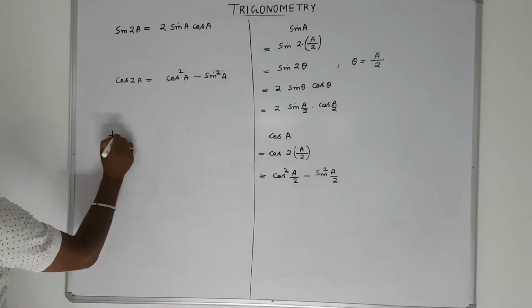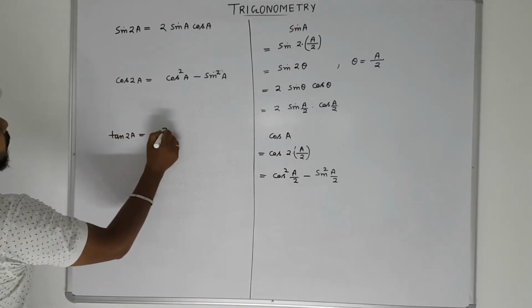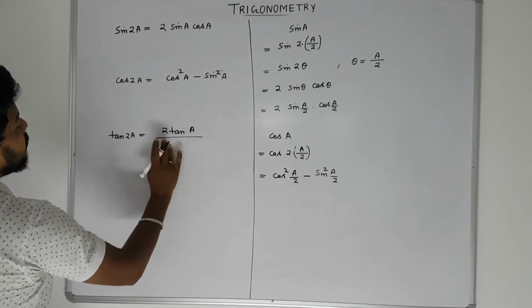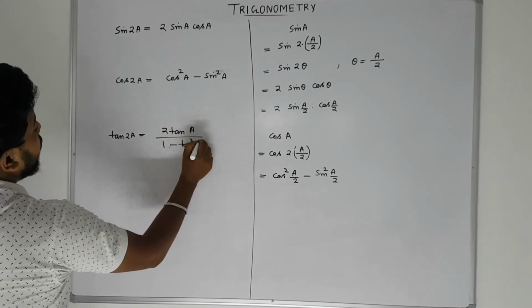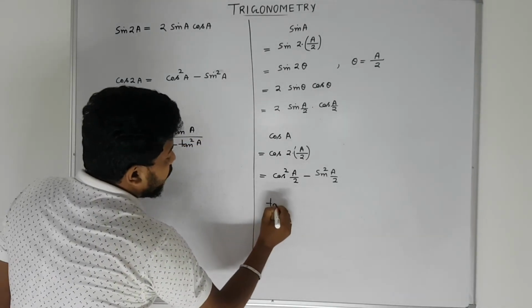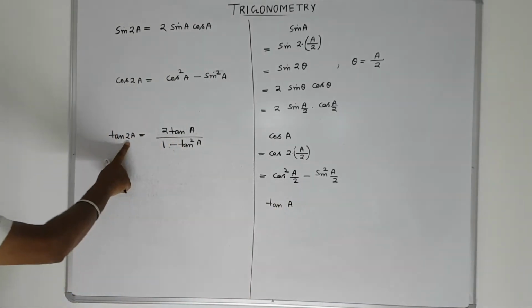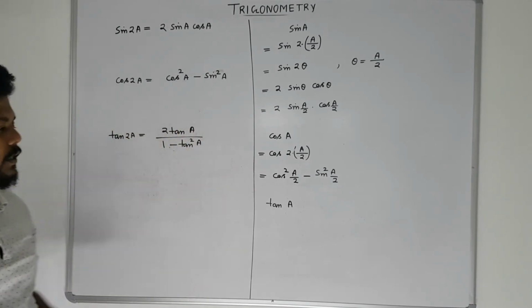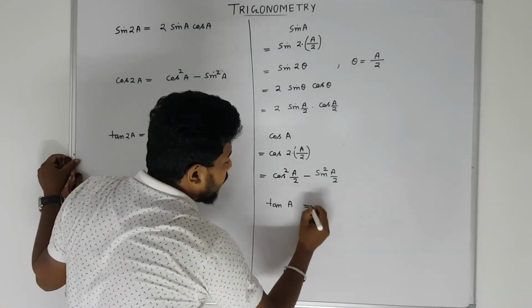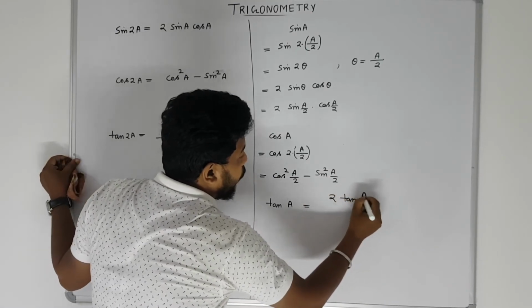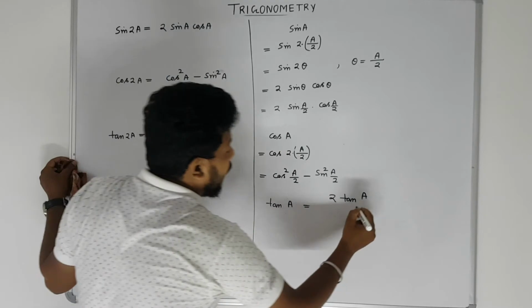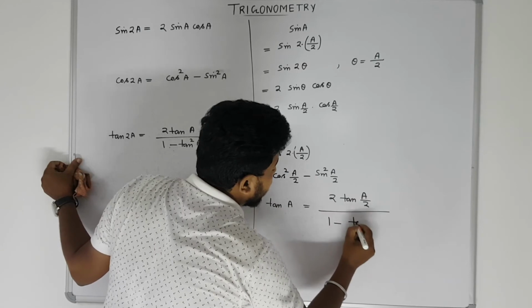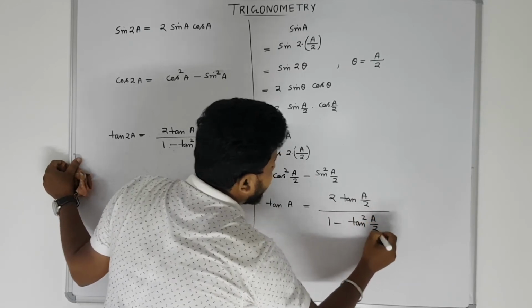Okay. So, tan twice A is equal to 2 tan A by 1 minus tan square A. Similarly, I can write here, see, for twice A, the angle is A. So tan A can be expressed as 2 tan, now if you divide the angle A by 2, I will get 2 into tan A by 2 by 1 minus tan square A by 2.